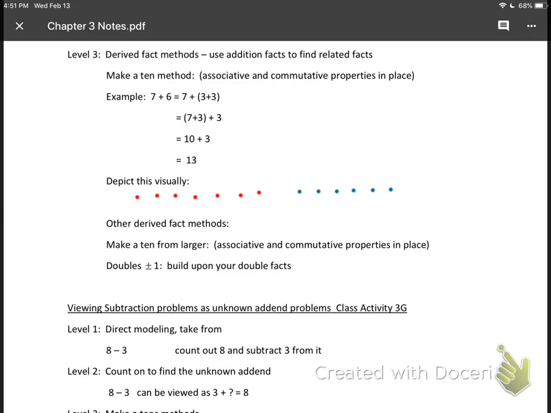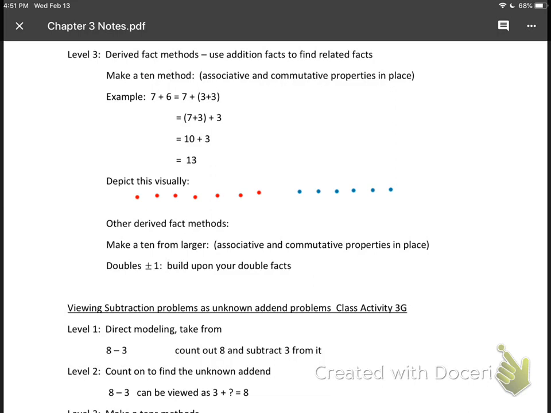For example, if you had 7 plus 6, you know that that equals 7 plus, well, 6 is 3 plus 3. Knowing the number fact that 6 equals 3 plus 3, you open the door to be able to group to make a 10.